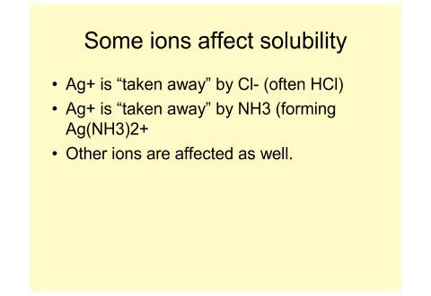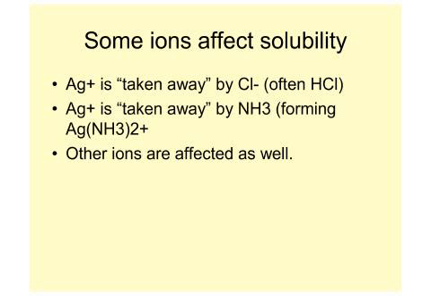Some ions affect solubility just like pH can affect solubility. Ag positive is taken away by Cl, often HCl. Ag positive is taken away by NH3, forming Ag(NH3)2 positive. Well, you know what I mean. Other ions are affected as well.